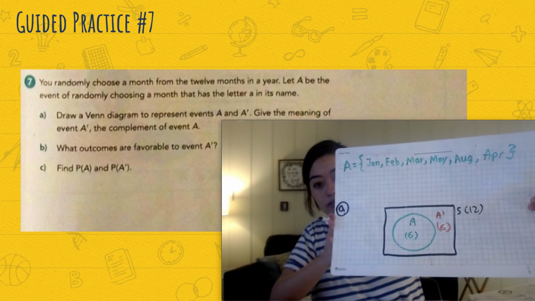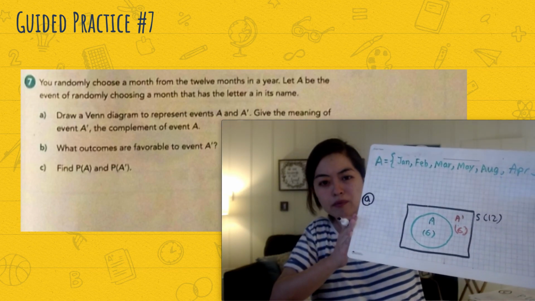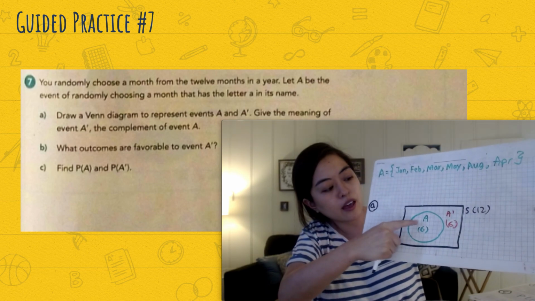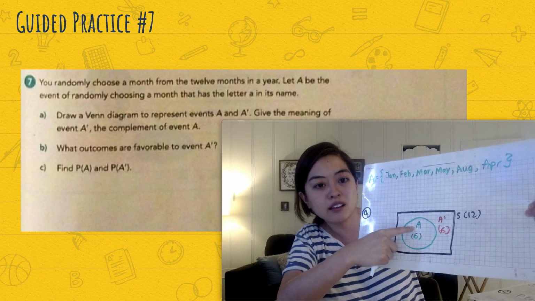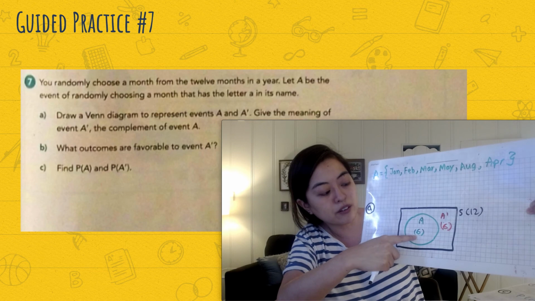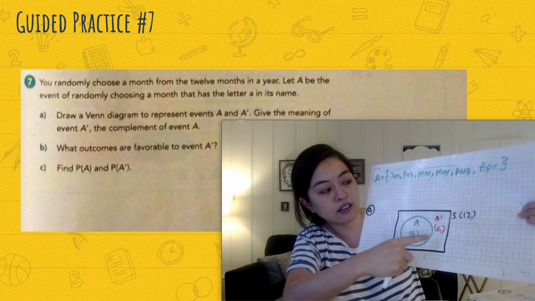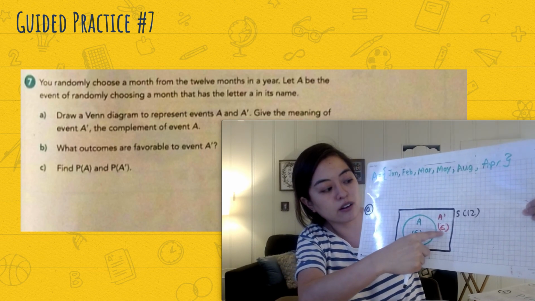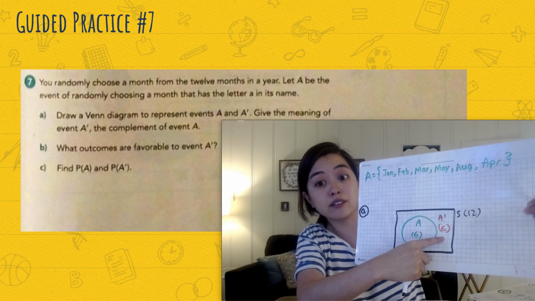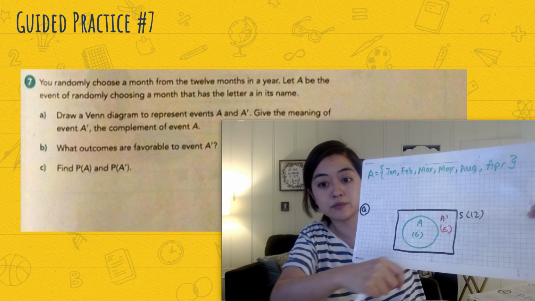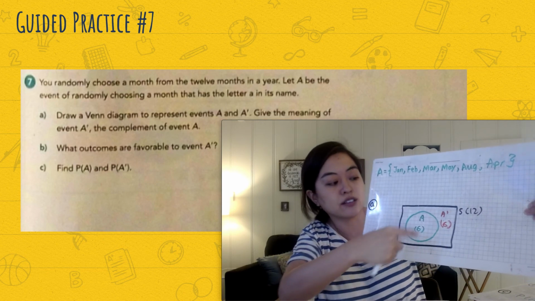Because it's the 12 months of the year. And so event A is the 6 months that have the letter A in it, and the complement of A are the other 6 months that do not have the letter A in the name of the months. That's what this Venn diagram means.